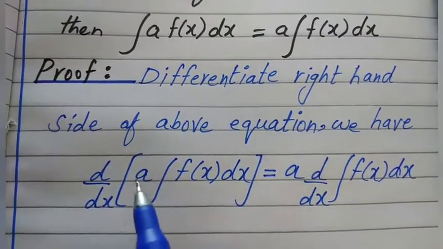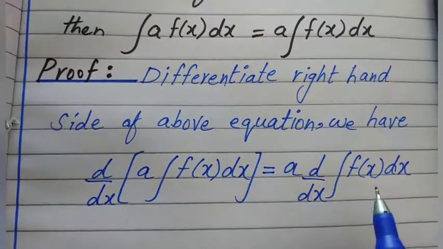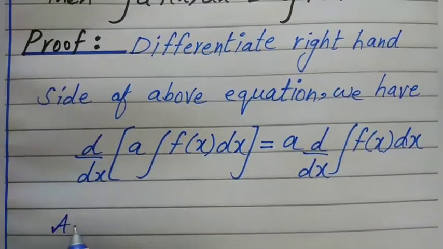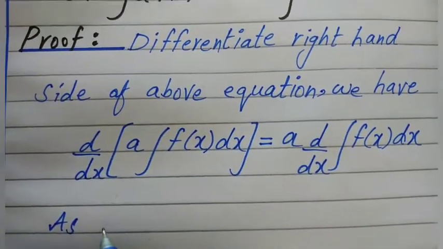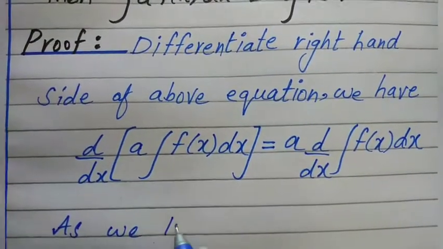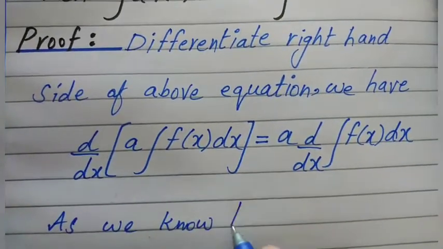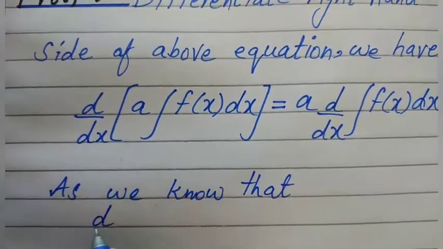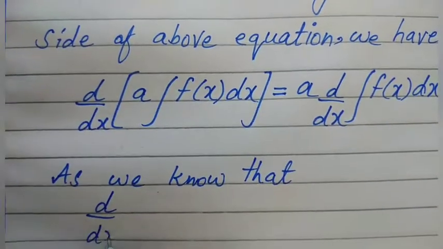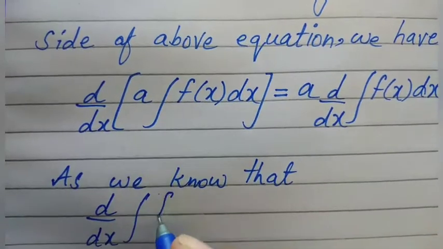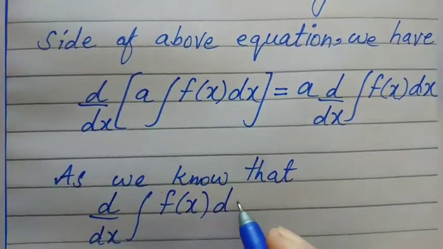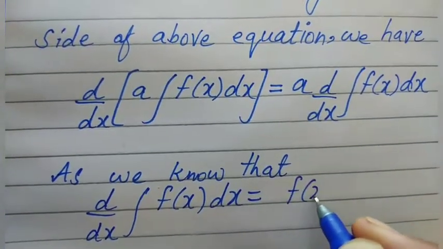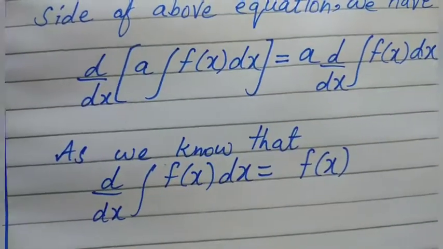So when the derivative is applied, the constant comes outside of the bracket because the derivative is applied only on the integral, that is, the integral of f of x dx. As we know, when the derivative is applied on the integral of function f of x, that is also our first theorem that I proved in my previous lecture.